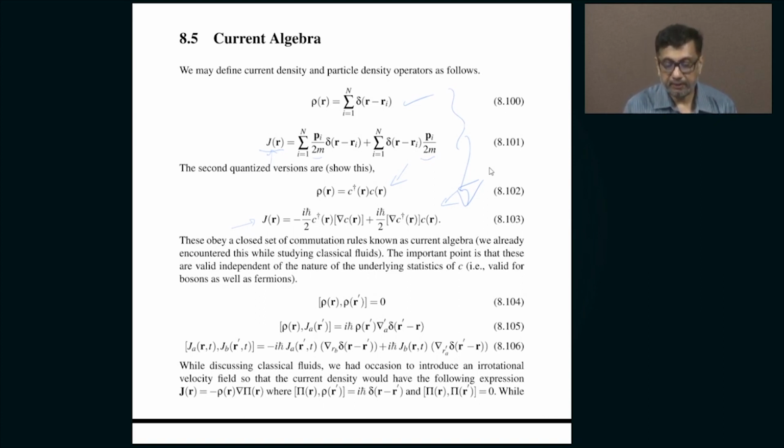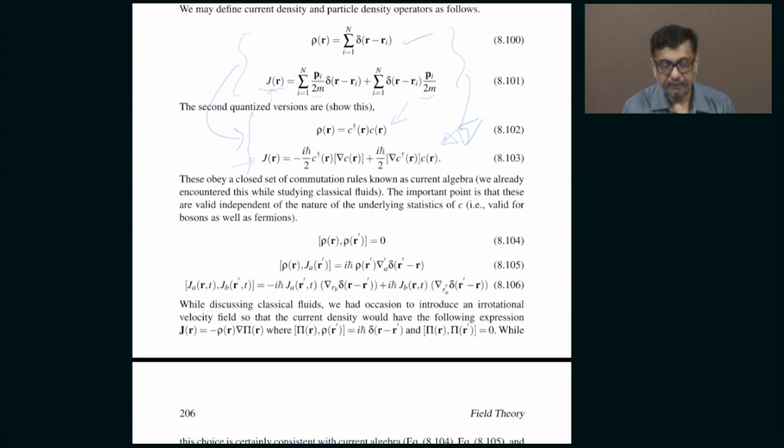I am going to proceed thinking that you will put in some effort to learn how to go from here to here. Okay. So, having done that, now I am going to also convince you that these two objects obey closed commutation rules. What that means is that the commutators of these, it is commutators because now I am studying quantum mechanics, it is no longer Poisson bracket, it is commutator.